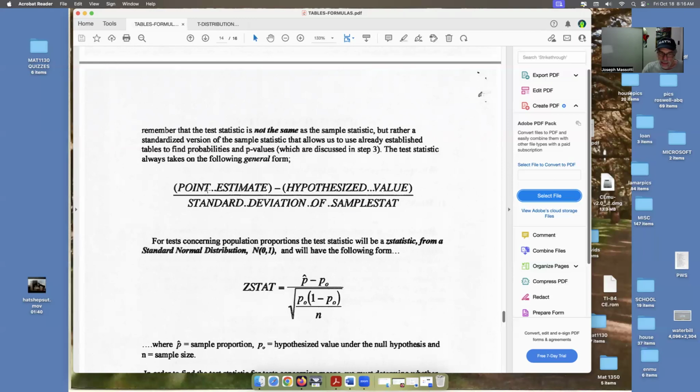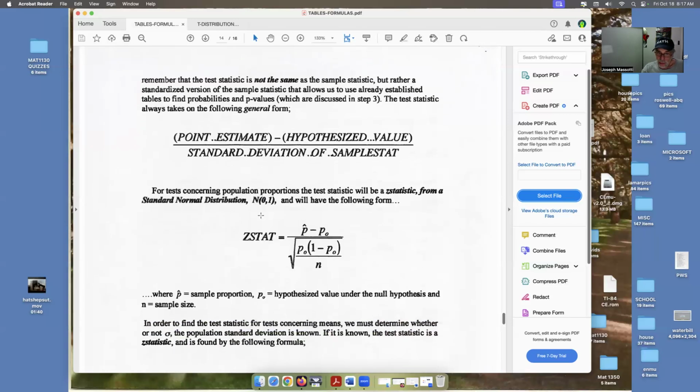And it's always going to take this form. You're going to have a point estimate, which is either X bar or P hat. You're going to see the difference between that point estimate and what you think the value of the population parameter is, and you're going to divide by the standard deviation of that sample statistic. Remember, sometimes we called that the standard error of the sample statistic.